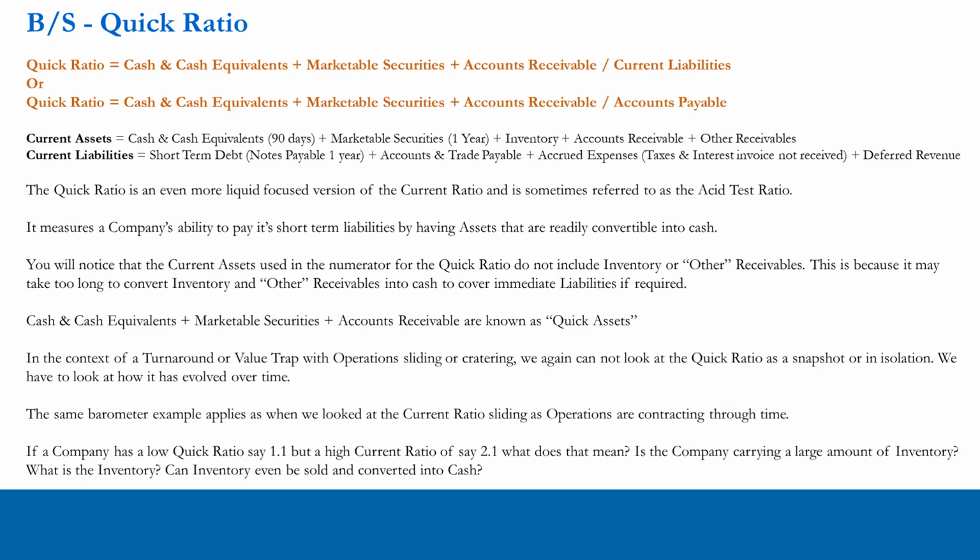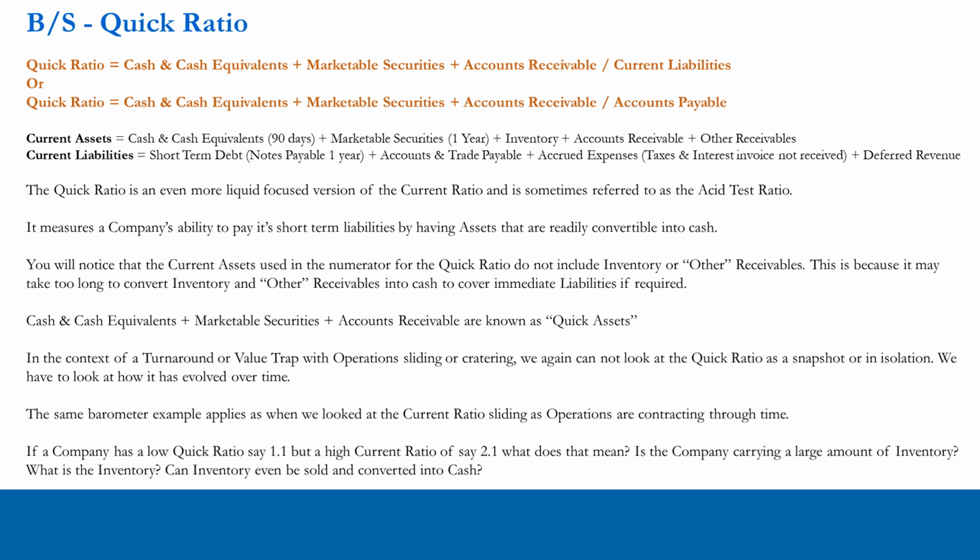In the same way as when we looked at the current ratio, we have sliding operations coming to the present, and we look at how the quick ratio has evolved over that time period when operations have been contracting. So we get a barometer of what the financial health of the company looks like in terms of the liquidity, the quick ratio and the current ratio.